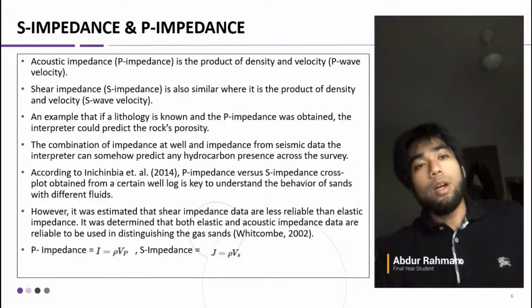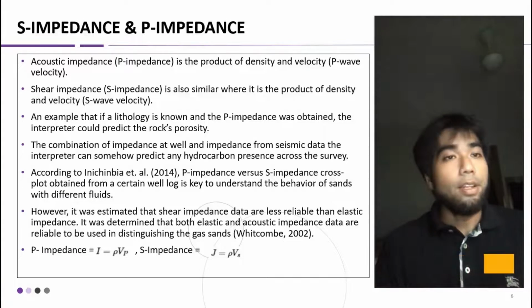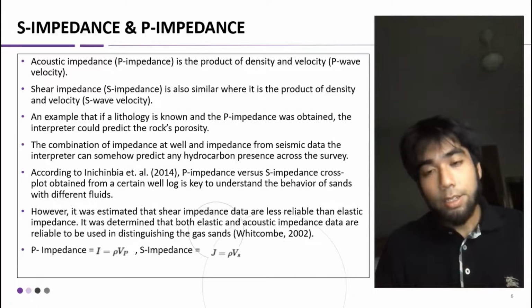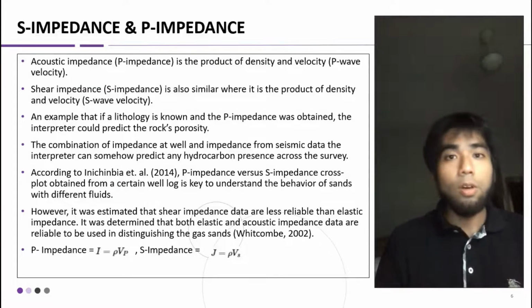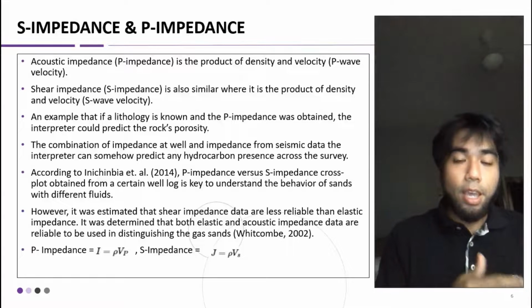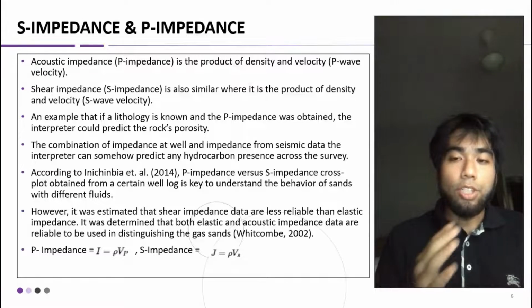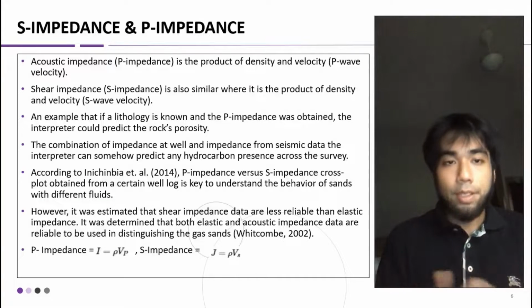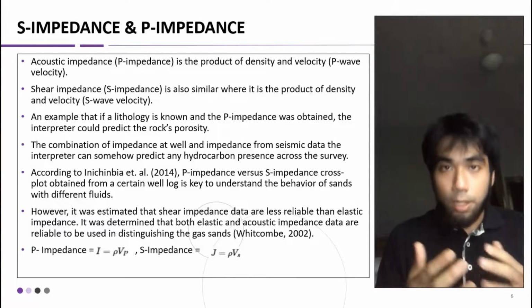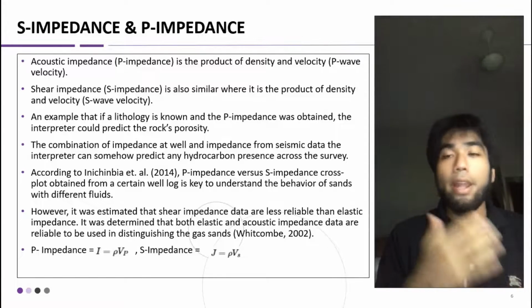Assalamualaikum and hello. I will be explaining S impedance and P impedance. Basically, acoustic impedance, or P impedance, is the product of density and P velocity. Shear impedance, or S impedance, is similar, where it is the product of density and S velocity.